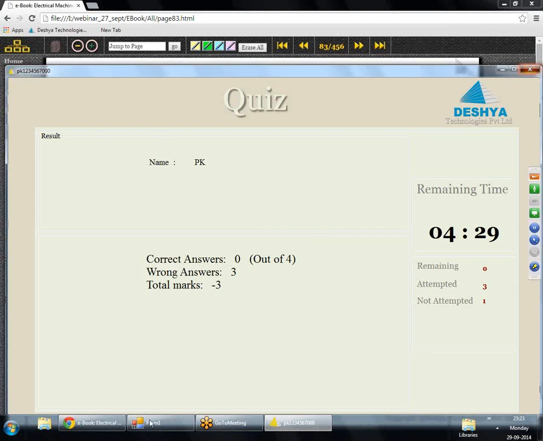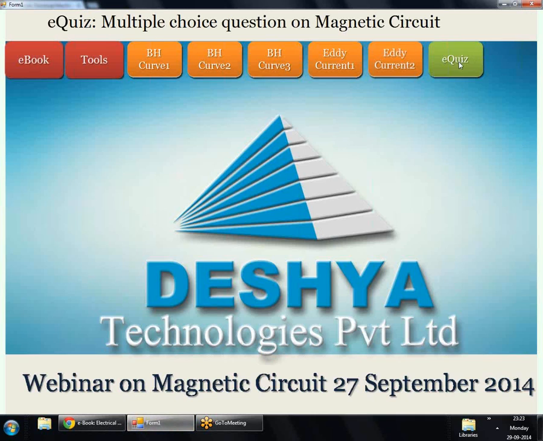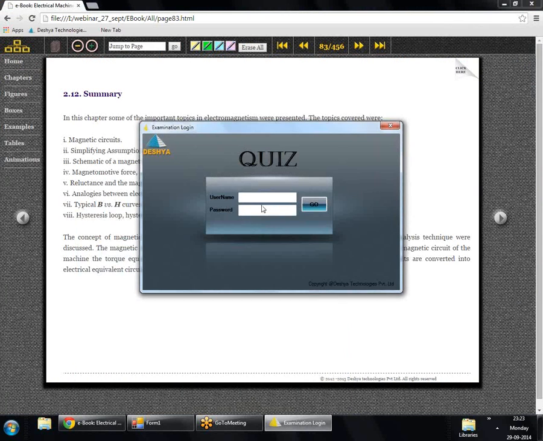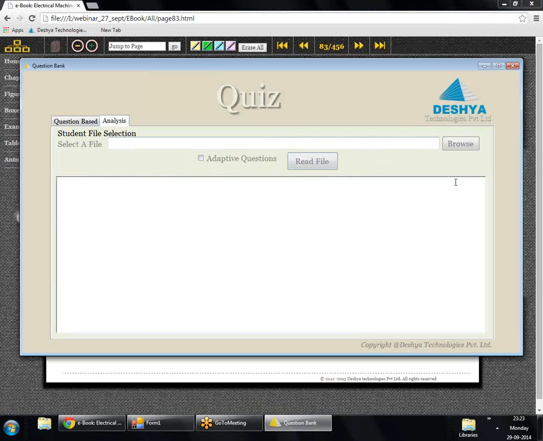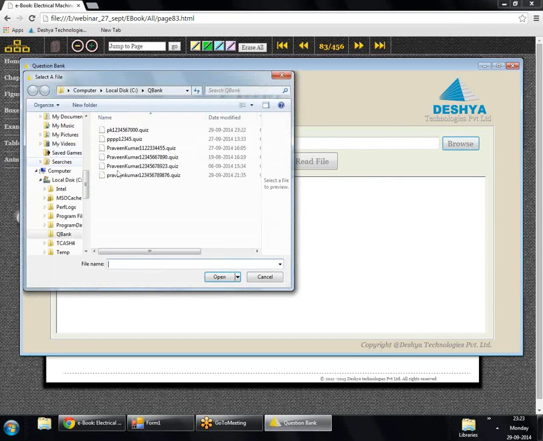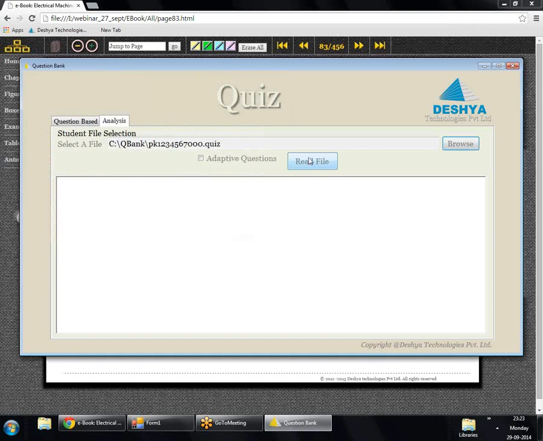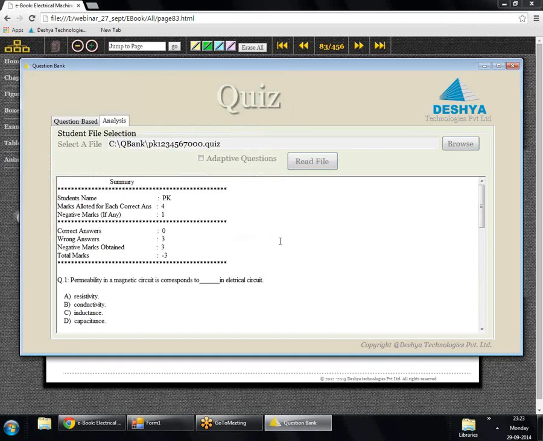Now this quiz has another unique feature because it allows the instructor to analyze the answer papers of the students in detail. Here we log in, go to the analysis, and click on browse. Each answer script is saved, and this was the answer script which was saved just now.